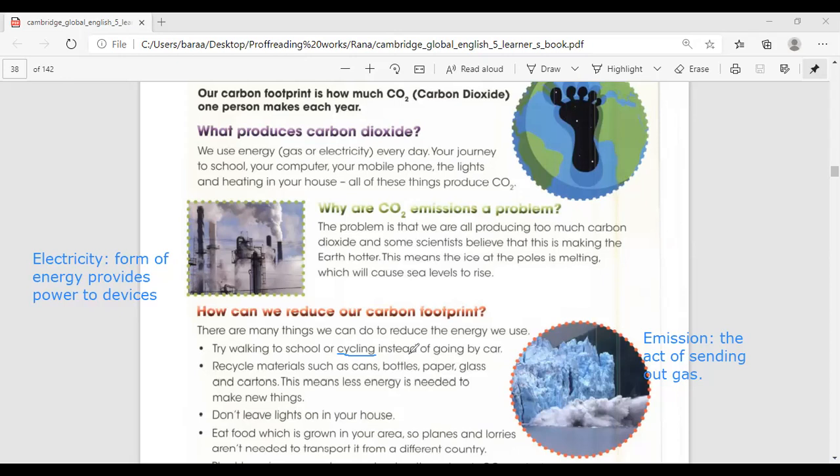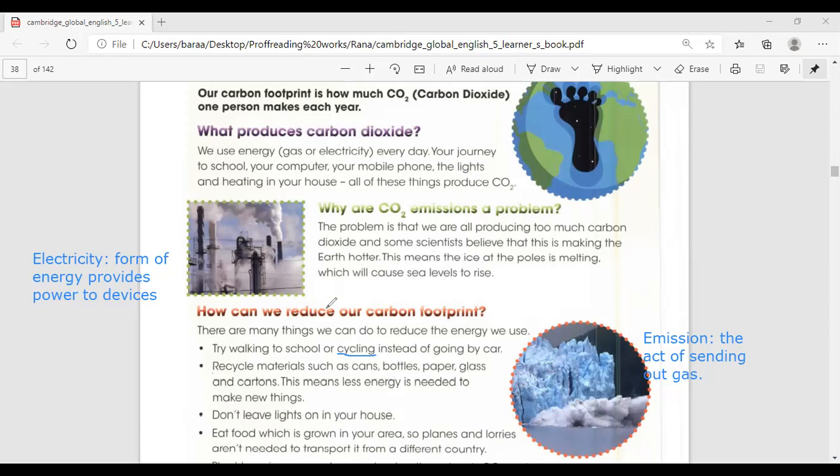The second one: recycle materials such as cans, bottles, paper, glass, and cartons. This means less energy is needed to make new things. So this necessarily leads us to a small amount of energy of producing energy.